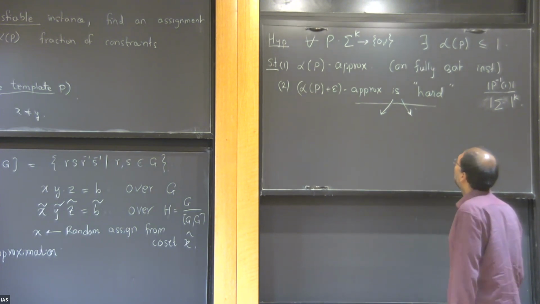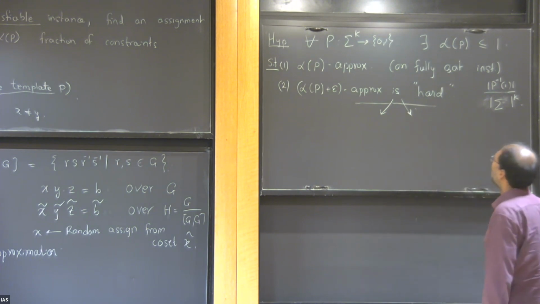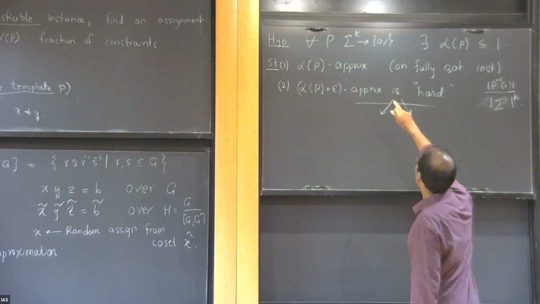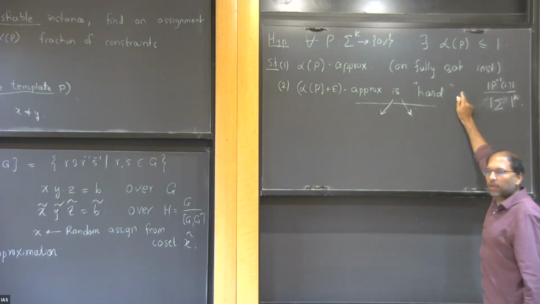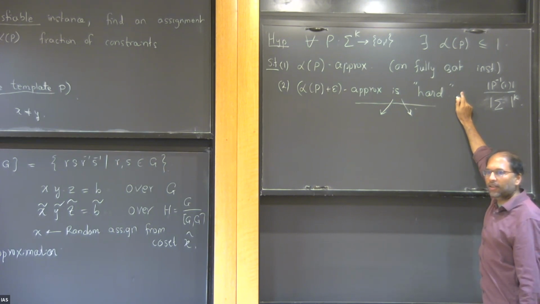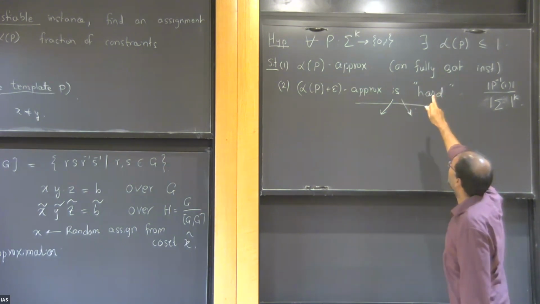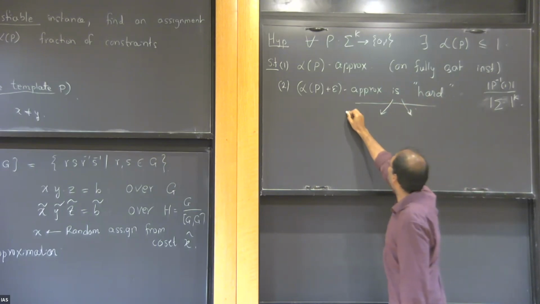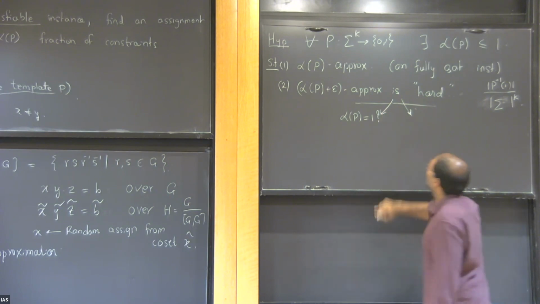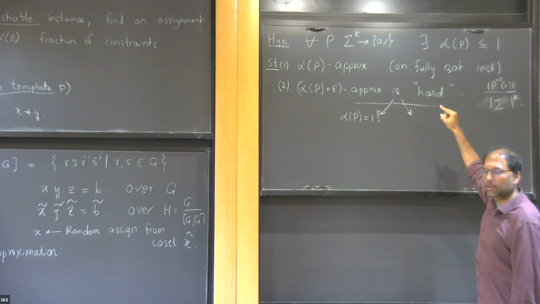There are two directions I must definitely talk about. First of all, this question is one of my favorite questions for maybe 10, 15 years, but we were completely stuck, because even the very special case of this question is to first determine whether alpha p is equal to 1, meaning the satisfiability question.